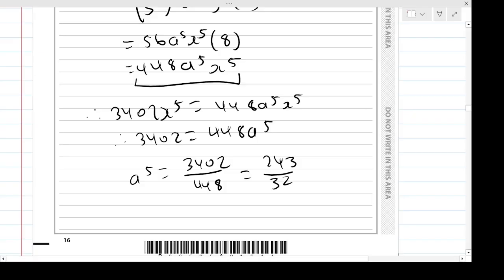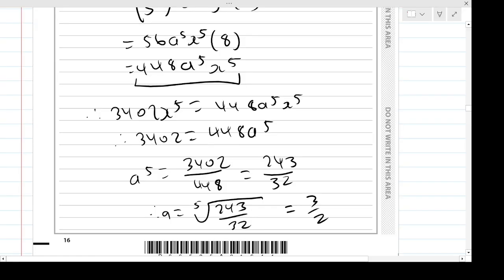Then to get a, we take the fifth root of 243 over 32, and that would be simply 3 over 2. There we are.